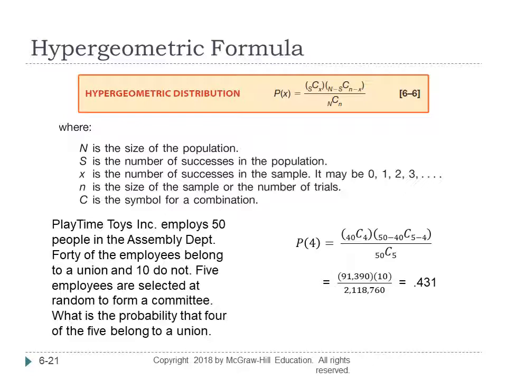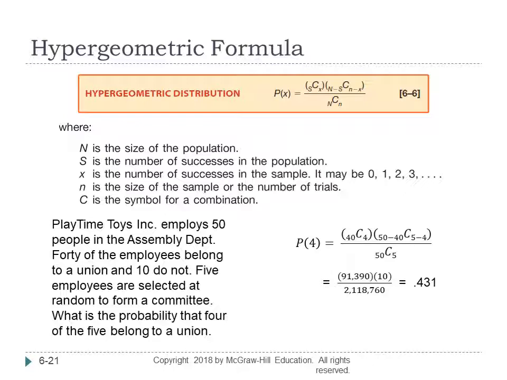Here S actually is the number of successes in the population. Again, remember there is an outcome that's considered to be a success. Then here S is the number of successes in the population. If I take S choose x, we're calculating the probability for x.